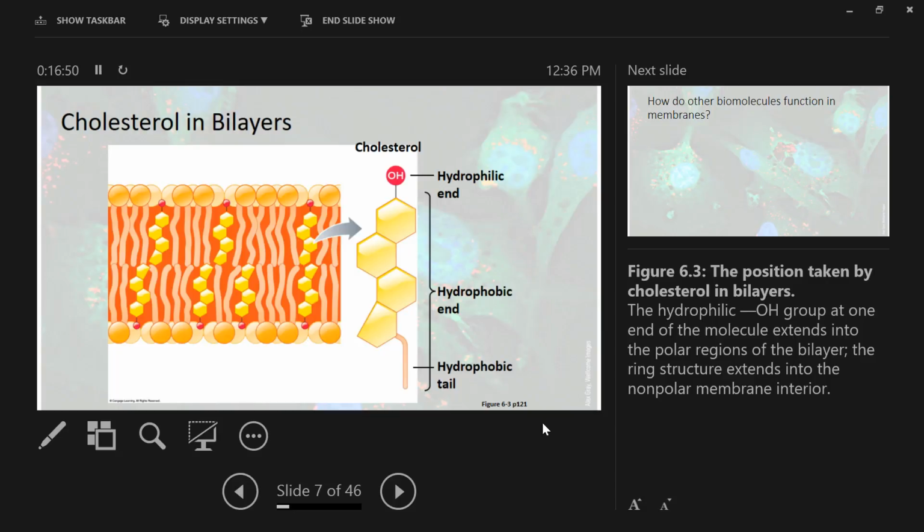I told you that cholesterols are oriented the same way as the phospholipids in a bilayer, with the polar portion facing out along with the head of the phospholipids and the nonpolar region swimming among the fatty acids from the phospholipids. And again, cholesterol functions primarily to keep the membrane fluid, to keep the membrane from solidifying.